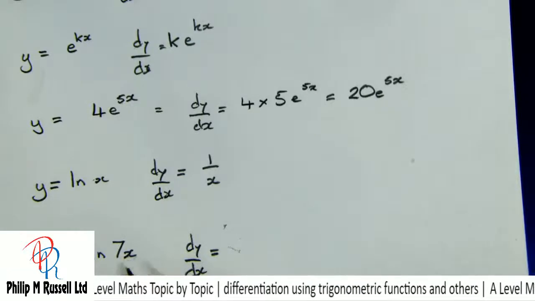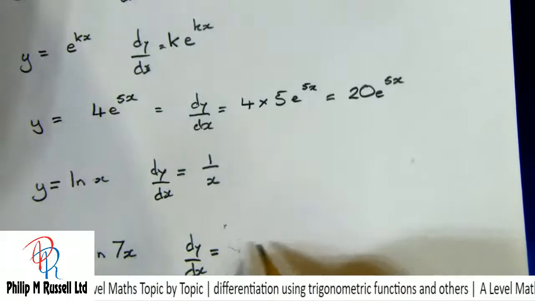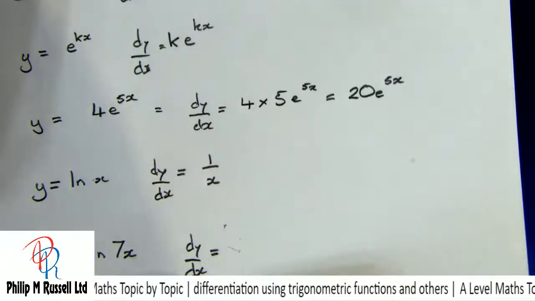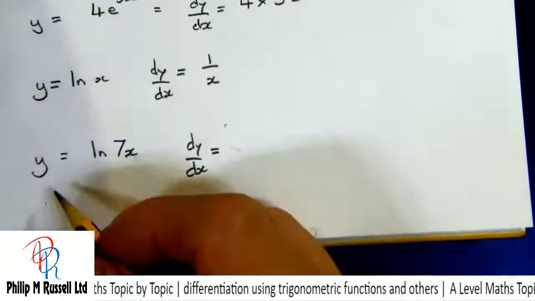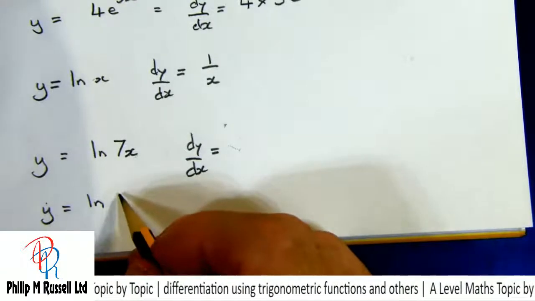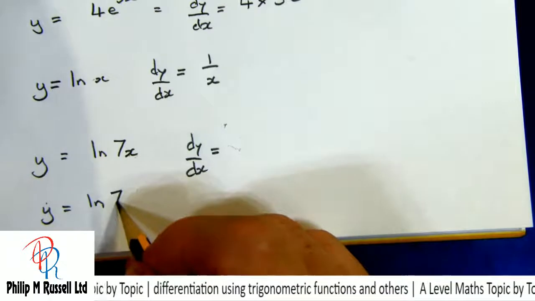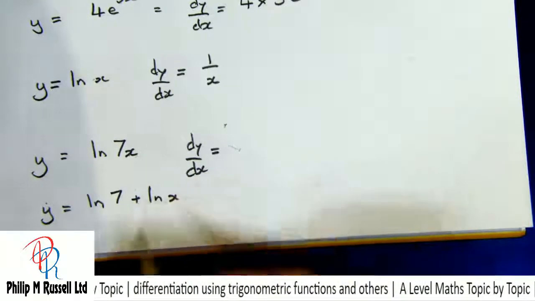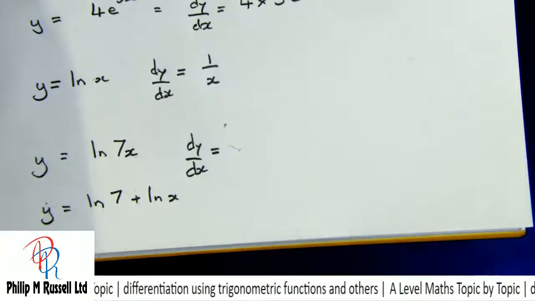So if I've got ln of 7x, well, it's 2 logs. So this, if we like to think about it, is going to be y equals the ln of 7 plus the ln of x.